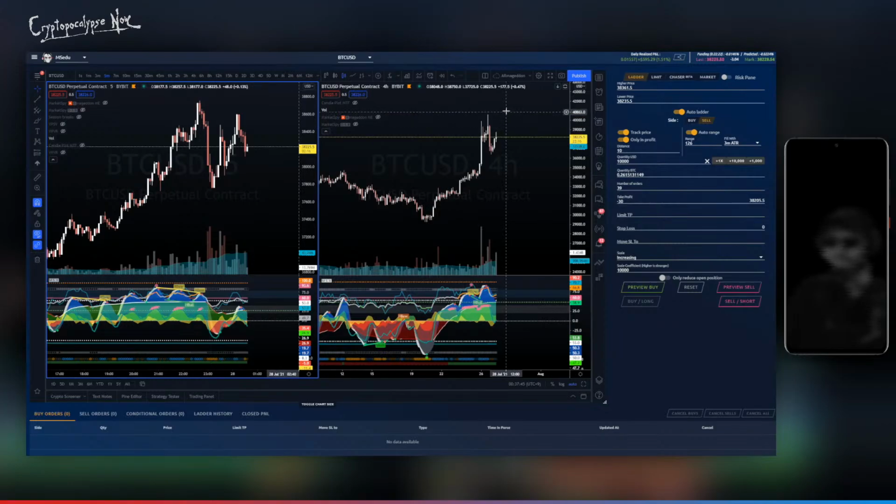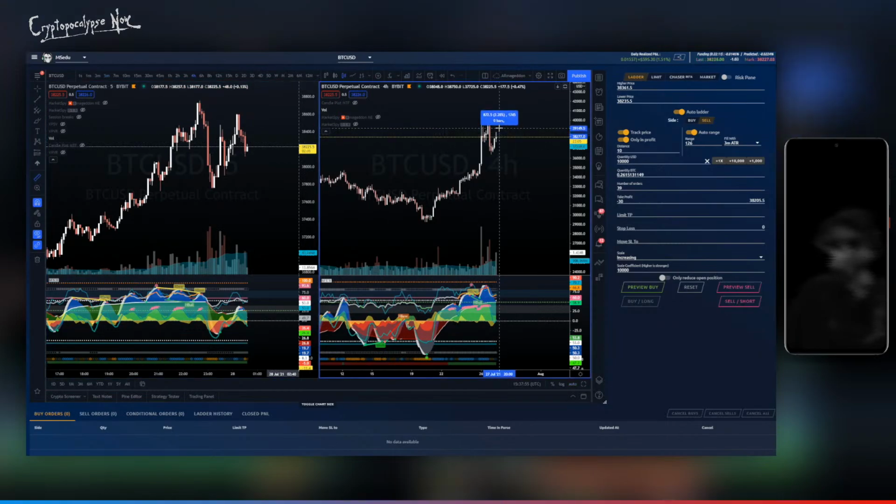So once it hits that target location at 3 minute ATR 126, the entry is going to be somewhere around here, and then it'll automatically place a take profit 30 points away from that entry.